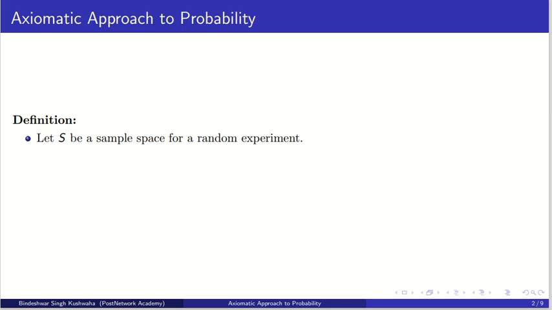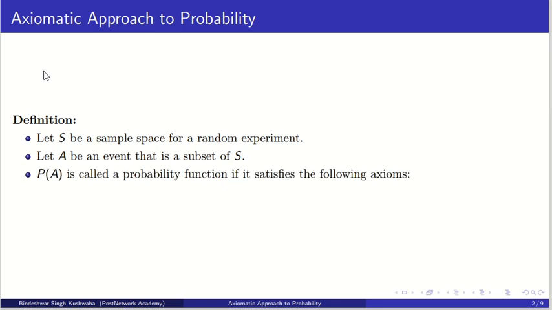To define the axiomatic approach to probability, let S be a sample space for a random experiment, and let A be an event that is a subset of S. Then P(A) is called a probability function if it satisfies the following axioms.